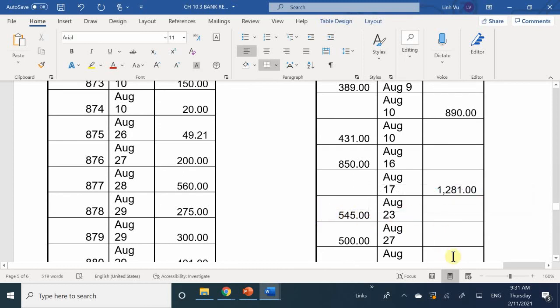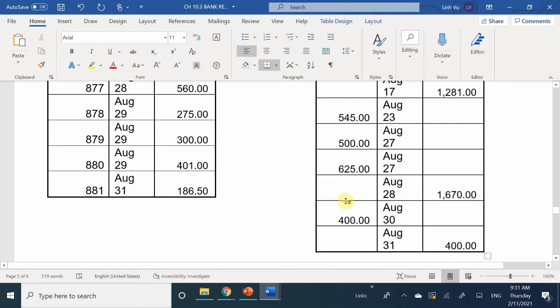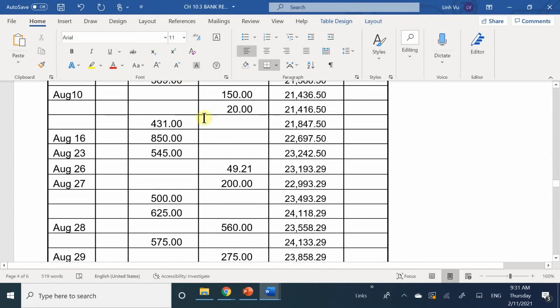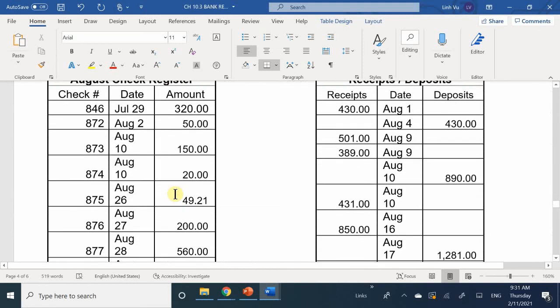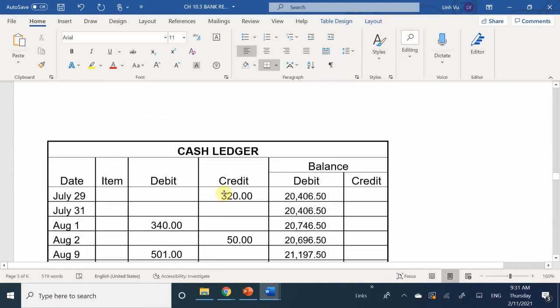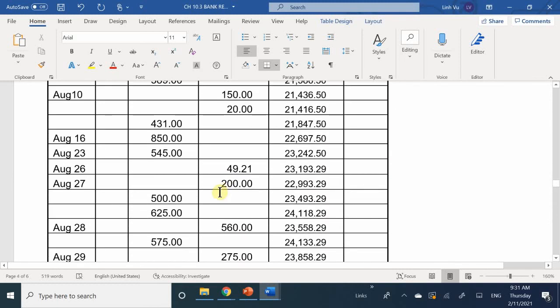Okay, but we actually added a bunch of other ones in there too. So let's see. We got the 545, okay. So then what has happened next? Did we write a check for 4921 and 200? Yes. 4921 and 200. Okay. And then let's see what happened next.